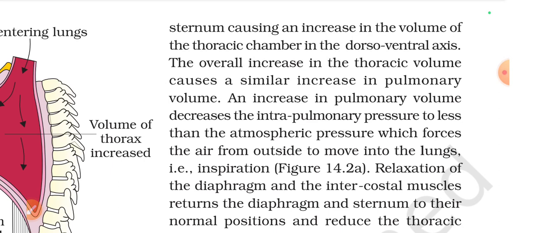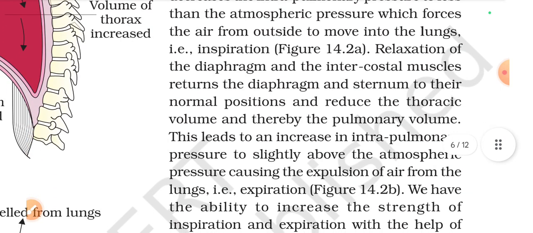The overall increase in the thoracic volume causes a similar increase in pulmonary volume. An increase in pulmonary volume decreases the intrapulmonary pressure to less than the atmospheric pressure, which forces the air from outside to move into the lungs. That is inspiration.